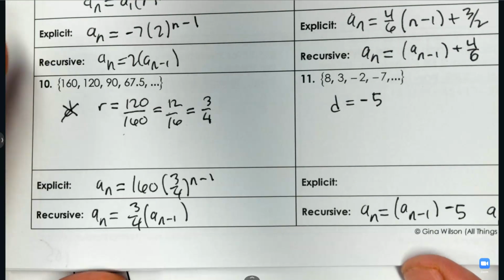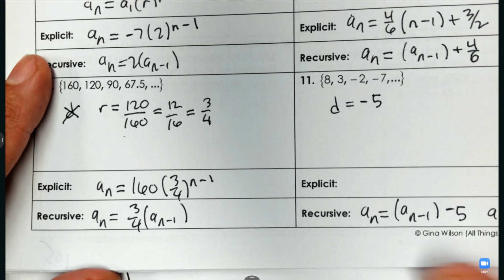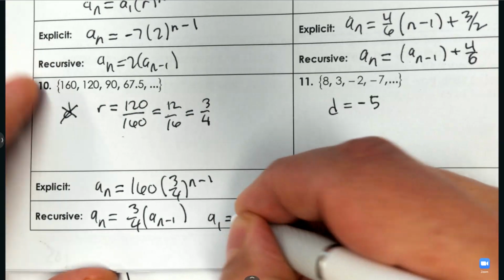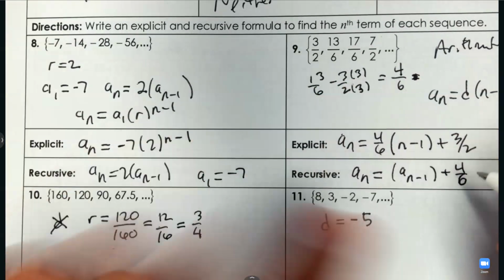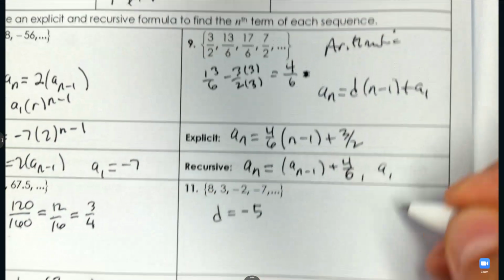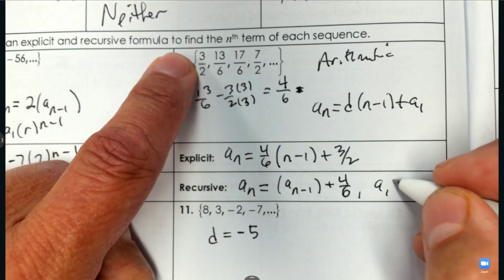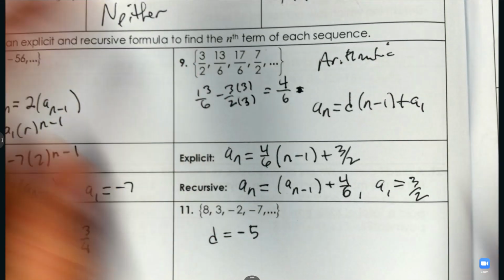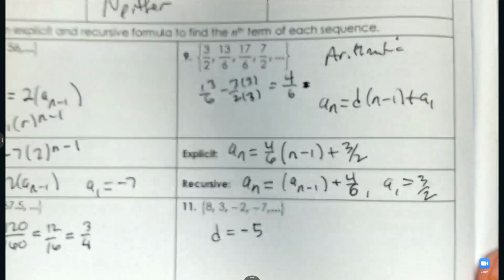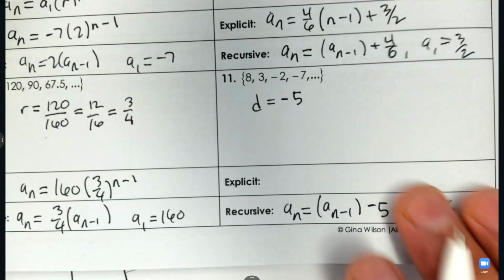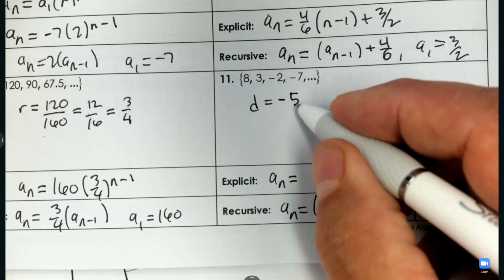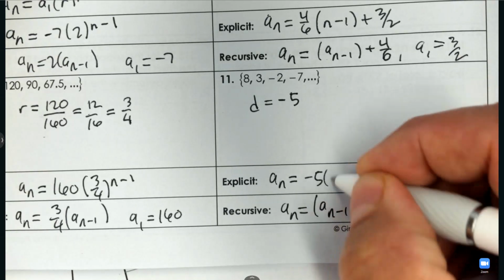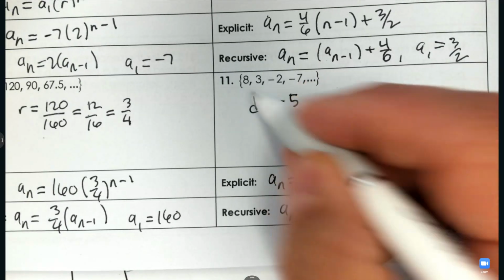Here for this one, I should write down that A1 equals 160. For this recursive, I should write down A1 equals -7. And for this recursive, I should write down A1 equals 3/2. So for recursive, I need to give you a starting number as well as that recursive formula. Explicit, again, I'm going to use the formula for arithmetic: the common difference, and then n minus 1, and then whatever the first term is.